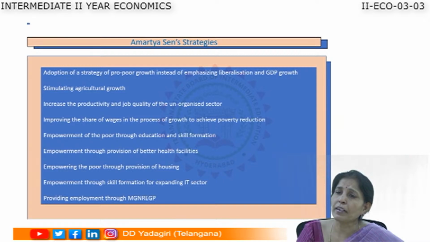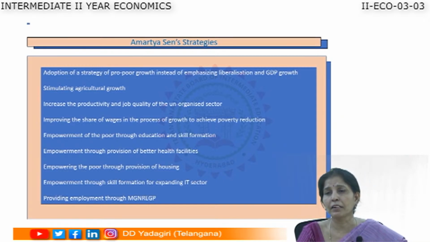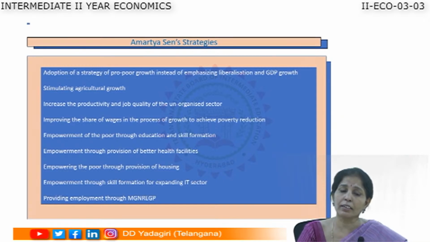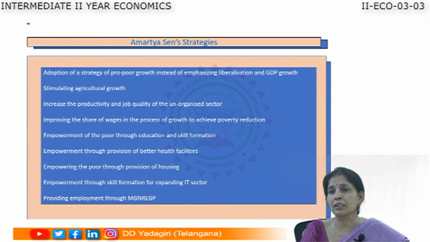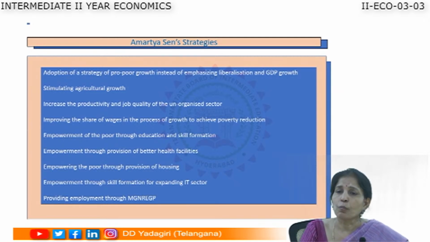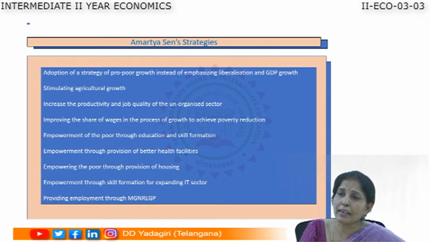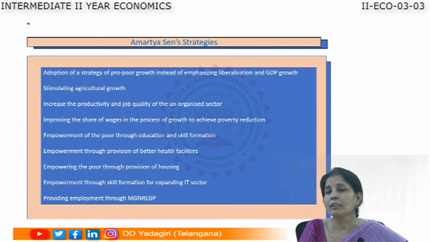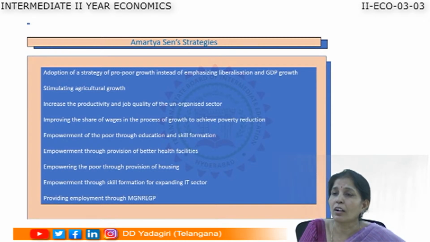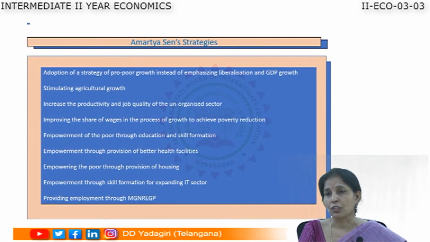The government is spending a lot on research and development, and on providing adult education to the farmers, and we have different institutions taking care of agriculture credit to the farmers. With all these measures, we are trying to stimulate agriculture growth, and this will take care of the 56% of the population even today depending on the agriculture sector.